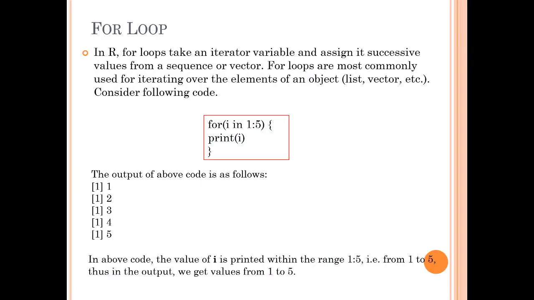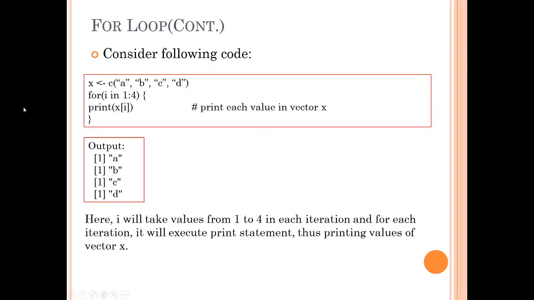Let us have another example. Now here you can see there exists a vector with 4 character elements in it, and now we want to display all those 4 characters. So again we can use a for loop. So for is running from 1 to 4 again, and each time it is not displaying just I, but it is displaying x of I, that is the ith character from vector x.